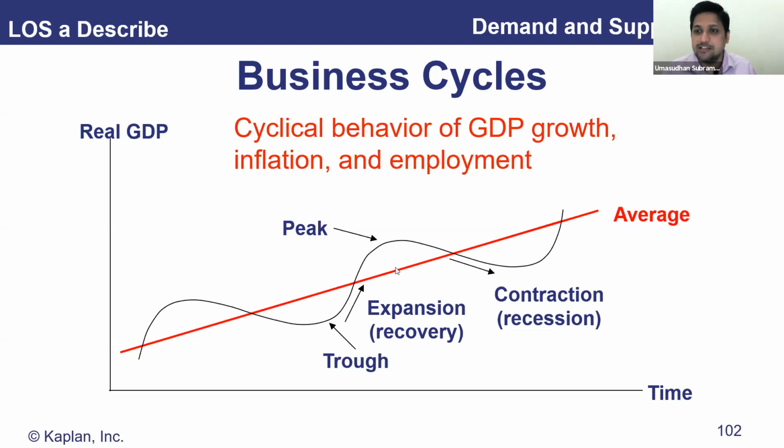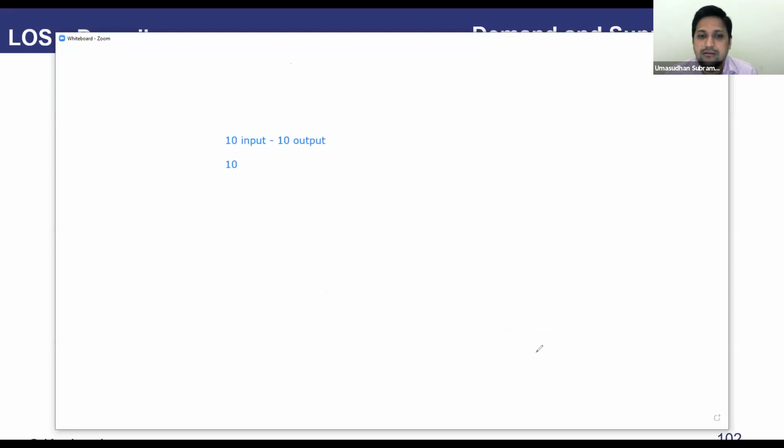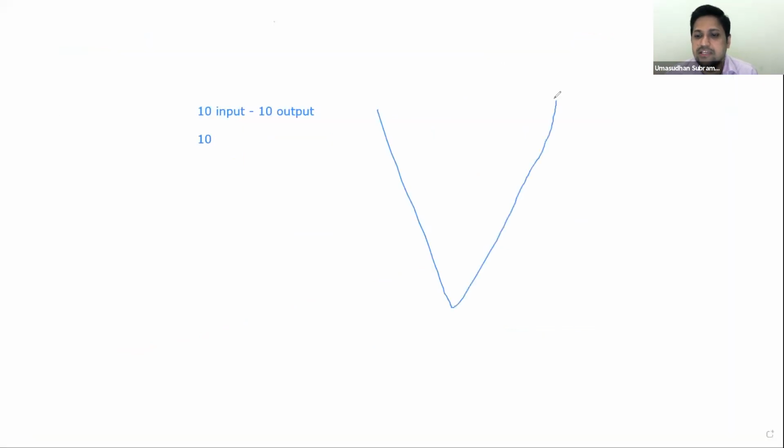But how fast is that going to happen? Is it a V-shaped recovery or a U-shaped recovery? If you read a lot of articles on the economic side of COVID-19, people were talking about how a V-shaped recovery is not possible, and we only have a U-shaped recovery. What is the difference? If I write a V, this is a V-shaped recovery.